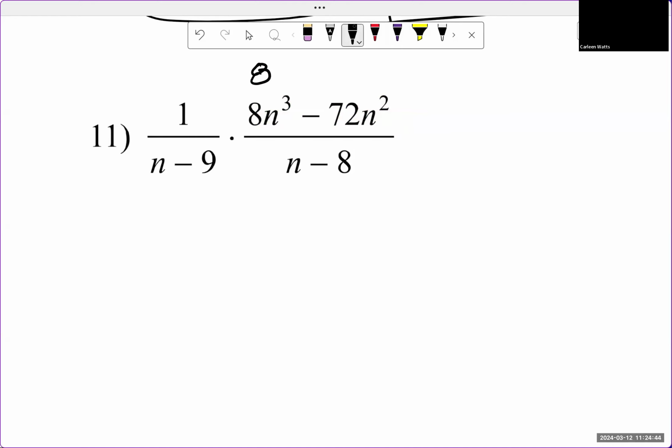Yeah. Now, 8 goes into 8 and 72. And then we take the smallest, right? Because I know the smallest is common to both. And what do we have left? N minus 9.